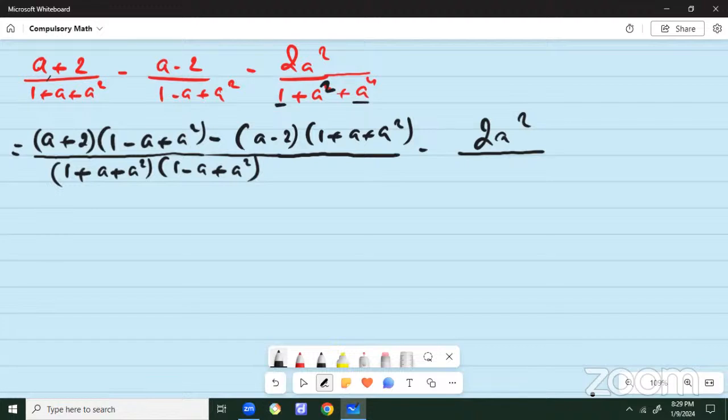What are the factors of 1 plus a square plus a to the power 4? No idea.